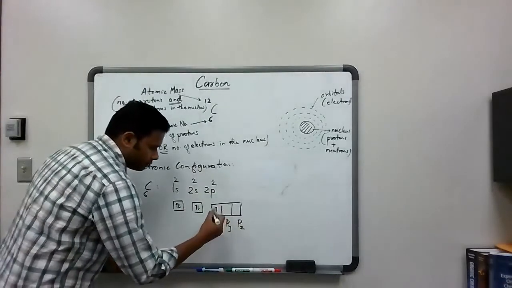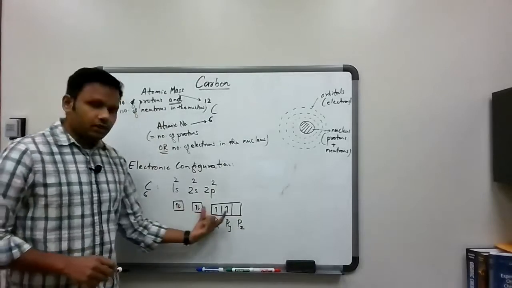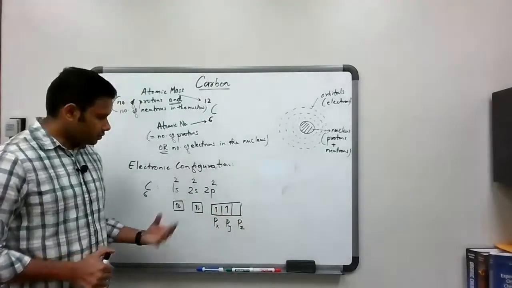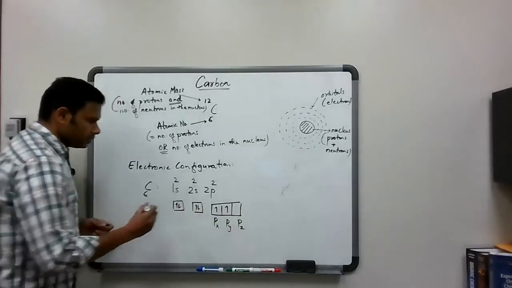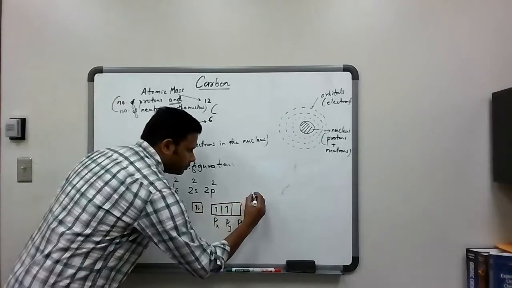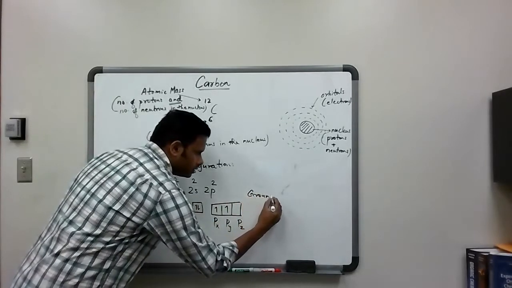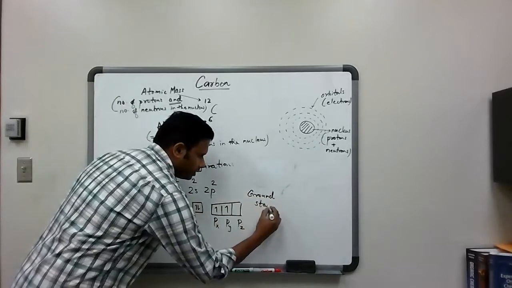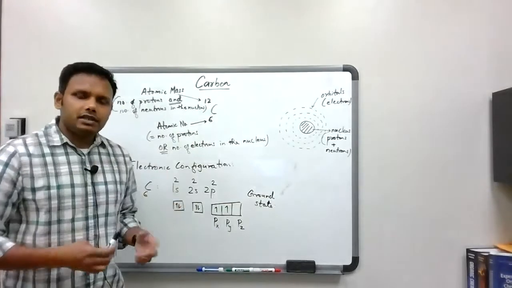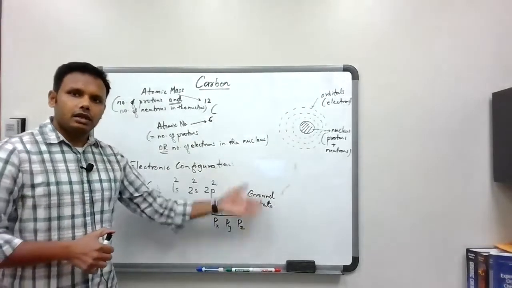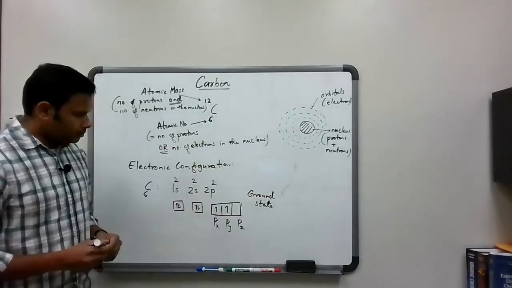So we can put px and then py, and basically we've exhausted all of our electrons. So this will be the electronic configuration of carbon in its ground state. We're going to call it a ground state electronic configuration, because we will see an excited state electronic configuration later.